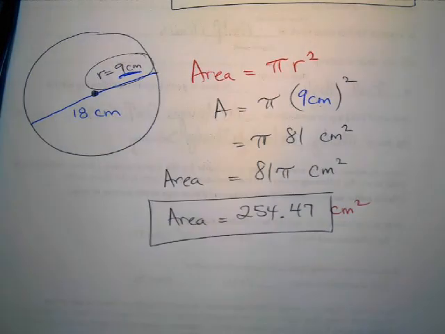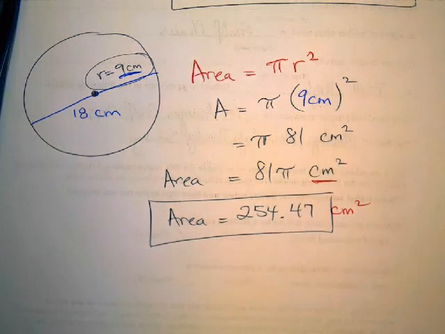Okay, that is the area of a circle. That's how you calculate it. Oh, I forgot the units. Centimeters squared. Don't forget that. All right, good luck. Easy assignment.